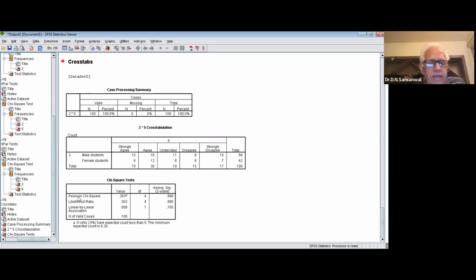And here, the Pearson chi-square value is 0.303. And it is not significant because the error is 0.99. That means 99%. So that means this chi-square value is not significant.